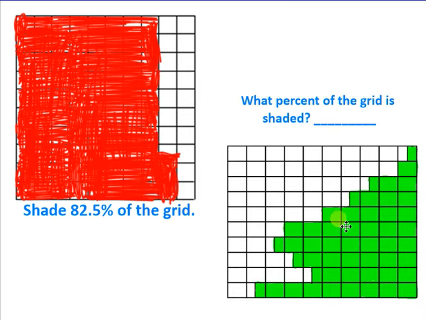Okay, so here's my 0.5. So here's my 80, my 2, and then my half right here. Now, what percent of this grid is colored in?